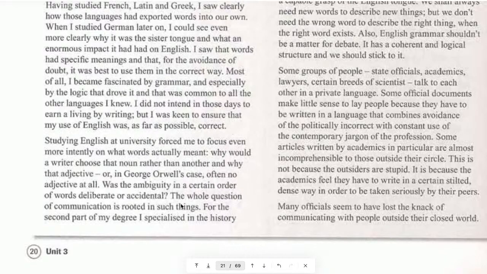Studying English at university forced me to focus even more intensely on what words actually meant. Why would a writer choose that noun rather than another? And why that adjective, or in George Orwell's case, often no adjective at all? Was the ambiguity in a certain order of words deliberate or accidental?